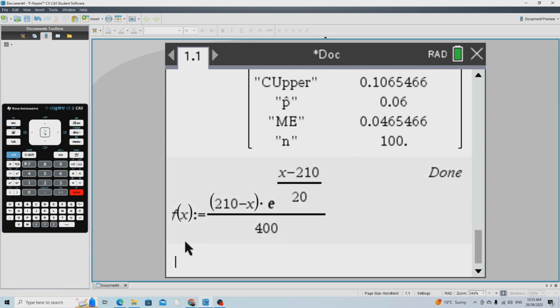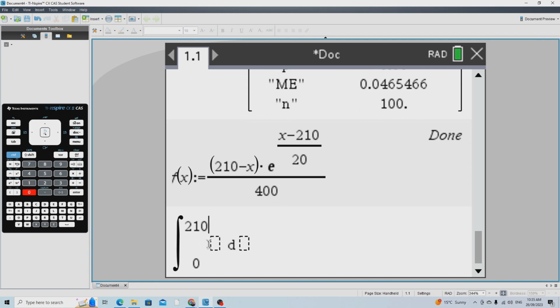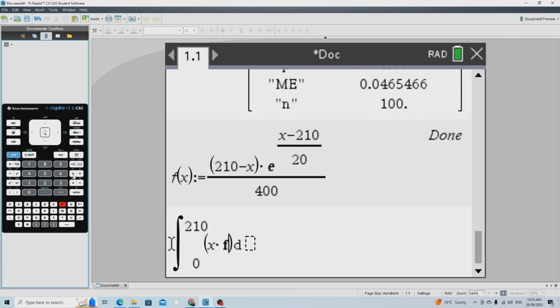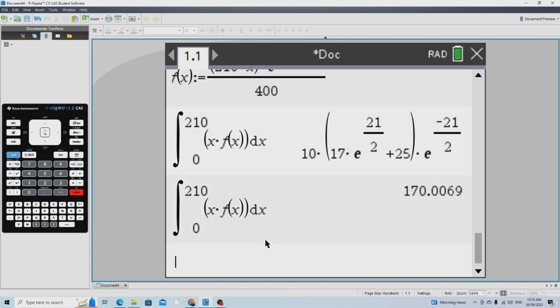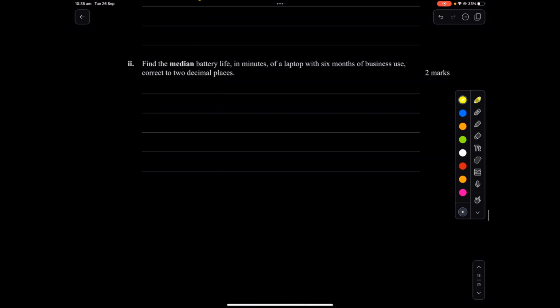Okay, so we want this from 0 to 210 of x times f(x) dx. Control Enter, two decimal places, that's 170.01. Done.